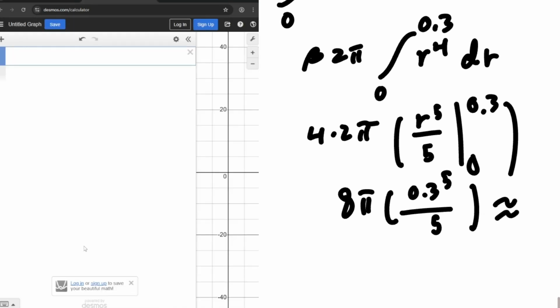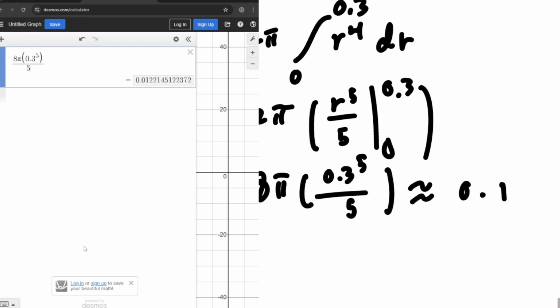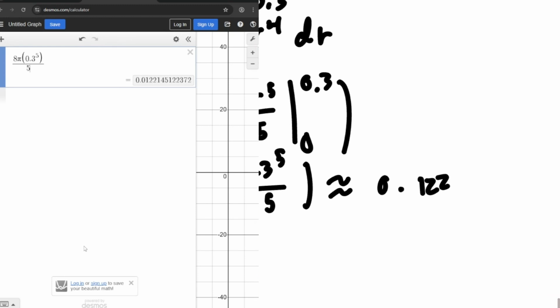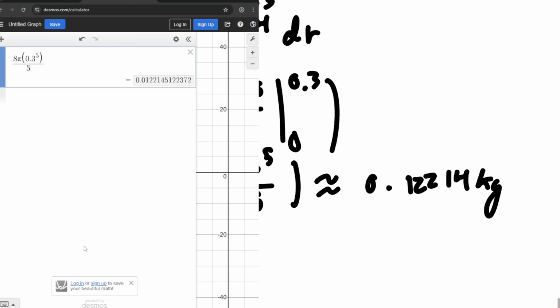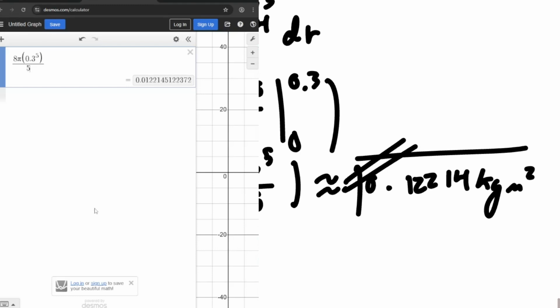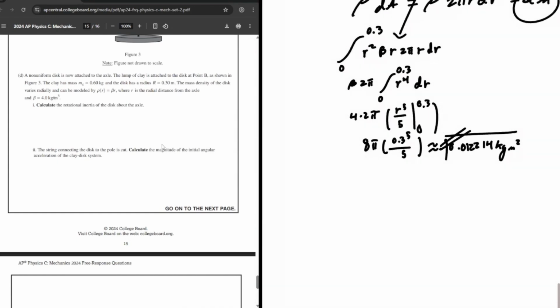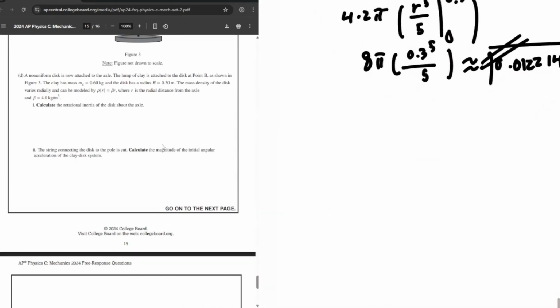Roughly 0.012 kilogram meters squared. There's our rotational inertia of the disk. That's because it said calculate, not derive, so we can leave it like that.